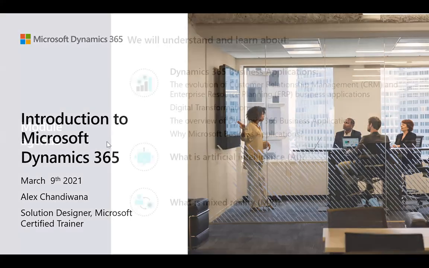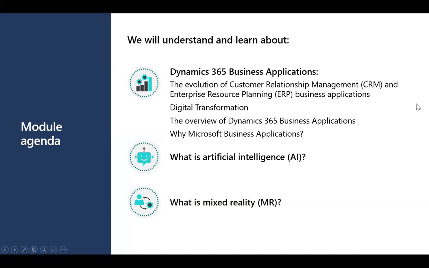Fantastic stuff. So what we're looking to cover this evening is to understand what a business application is, what is involved, where is the A and where is the Z, and where does it actually fit in for you? We also want to look at what artificial intelligence is and where artificial intelligence sits within Dynamics 365.